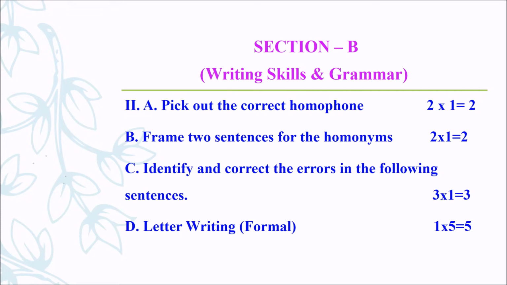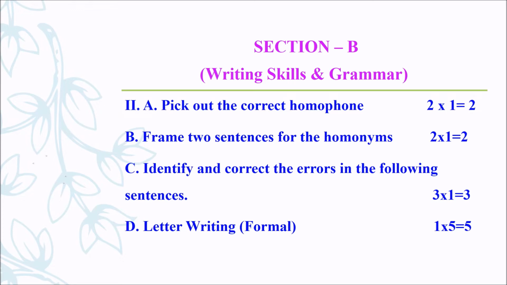Section B, Writing Skills and Grammar. Roman letter 2. Pick out the correct homophone. You have to pick out the correct homophone. They have given it in a fill-up format. First, read the sentence and inside the bracket they will give you 2 words which have different meanings, different spelling but similar sound.